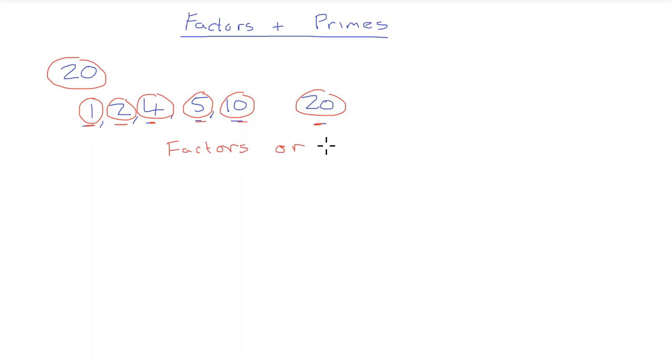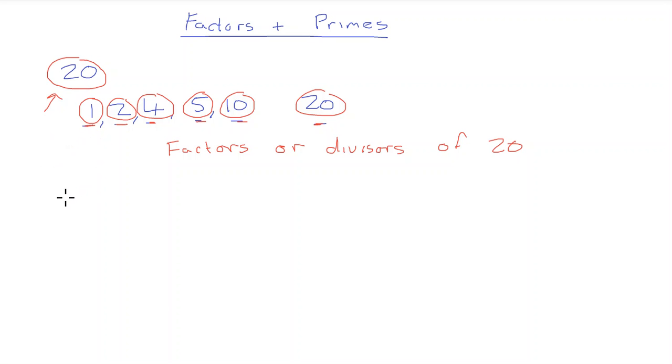Or another way to describe them are divisors. They are factors or divisors of 20. They're numbers that will divide in evenly into the main number, which is 20.